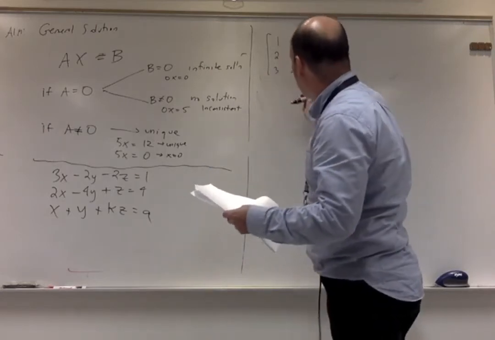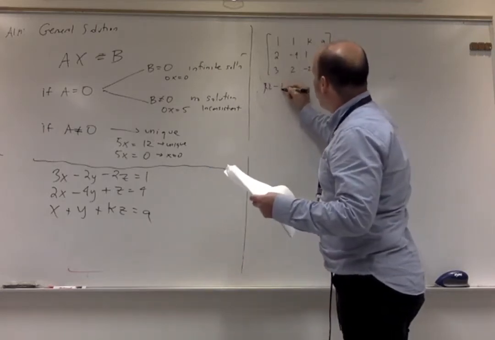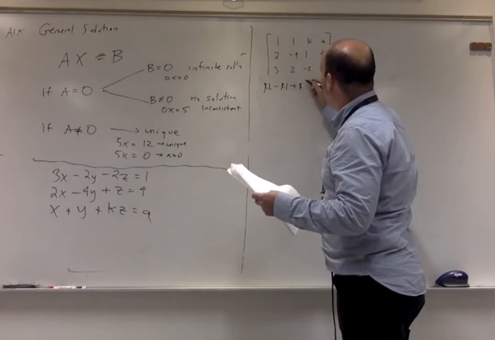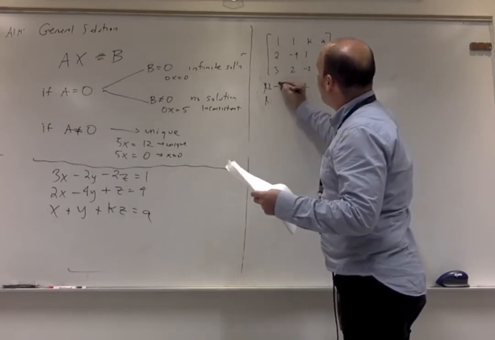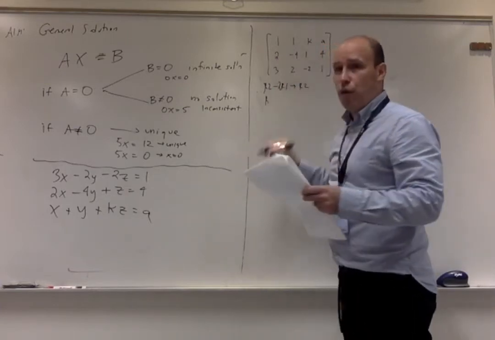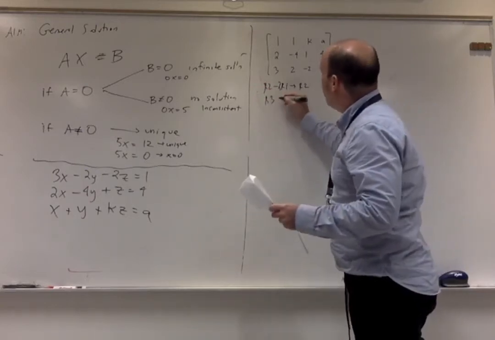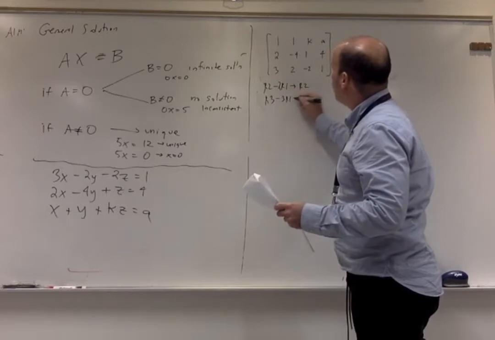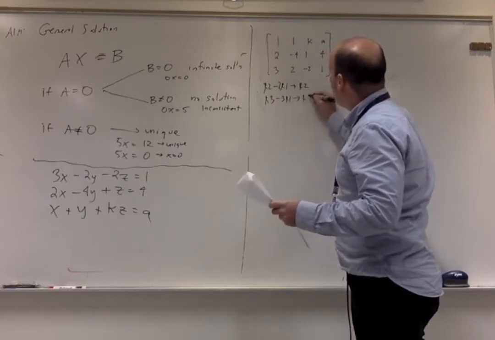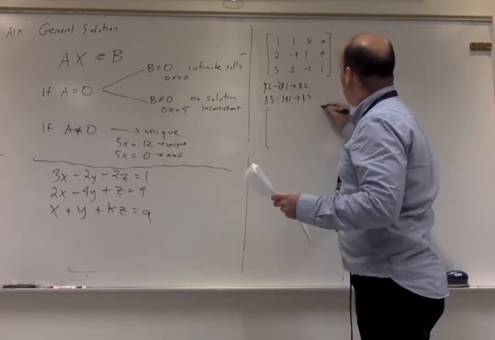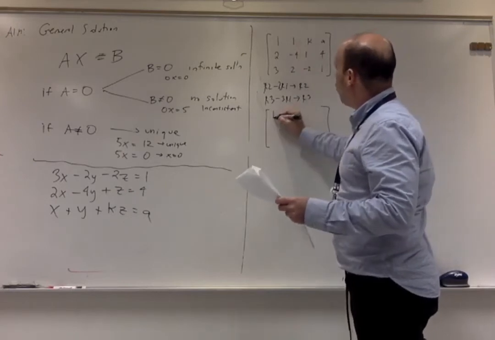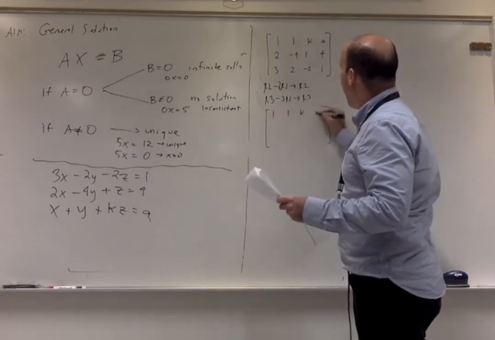Anyway, back to this. Row 2 minus 2 times the first row is going to be my new row 2, and row 3 minus 3 times row 1 is going to be my new row 3. I don't touch the first row. 1, 1, k, a.